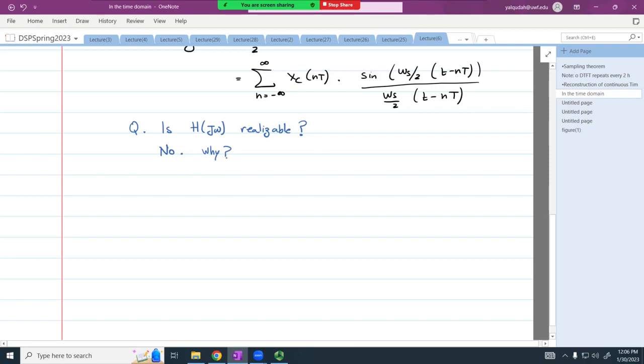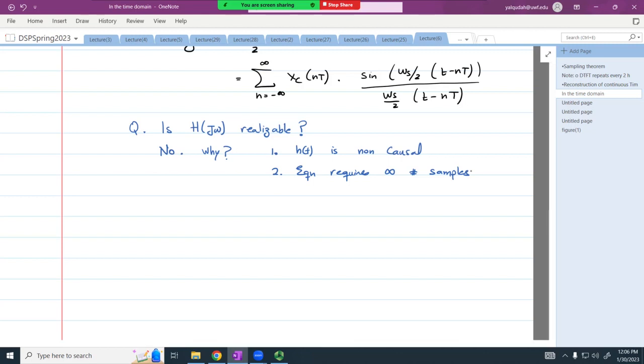So no, and why? First, h of t is non-causal. Second, the equation above requires an infinite number of samples. I have the summation from negative infinity to infinity of x, so I have an infinite number of samples.